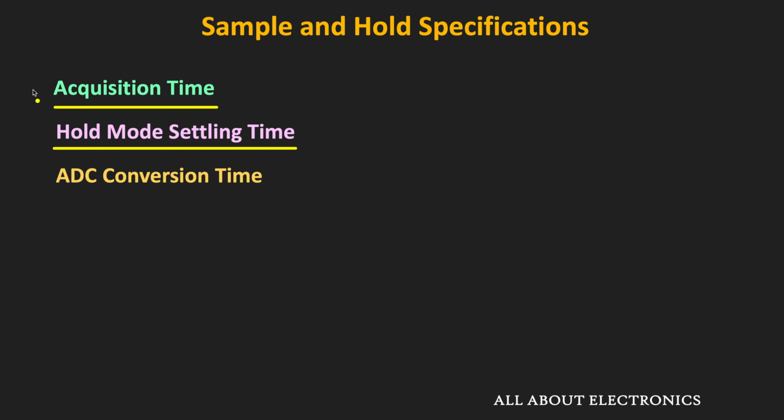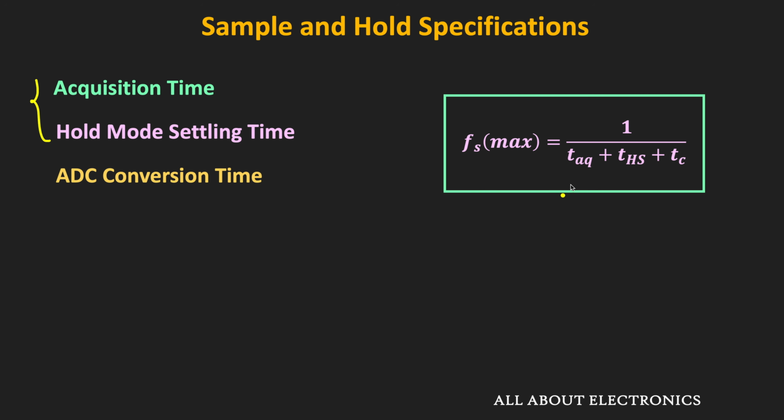These two times show the maximum time that is required by the sample and hold during the sampling and the holding period. On top of that, we also have the ADC conversion time. So these three times show the minimum time that is required by the sample and hold circuit and the ADC to complete one conversion. The maximum sampling frequency is the inverse of that.